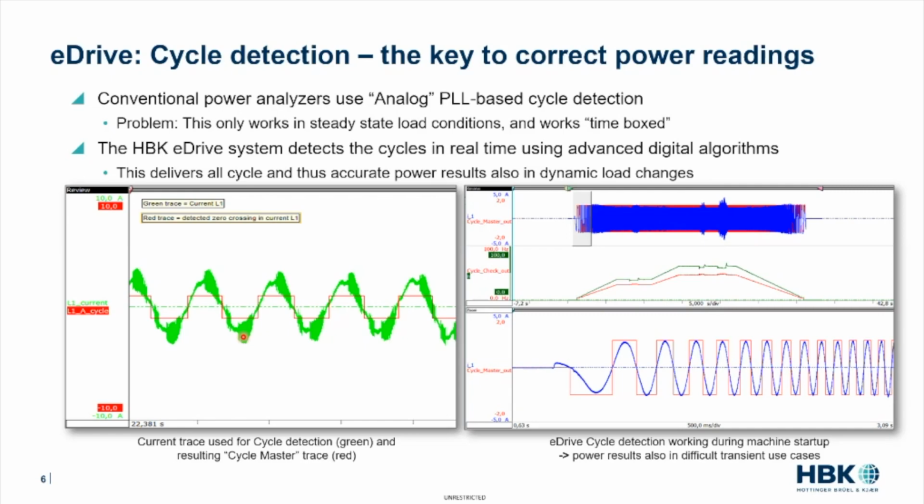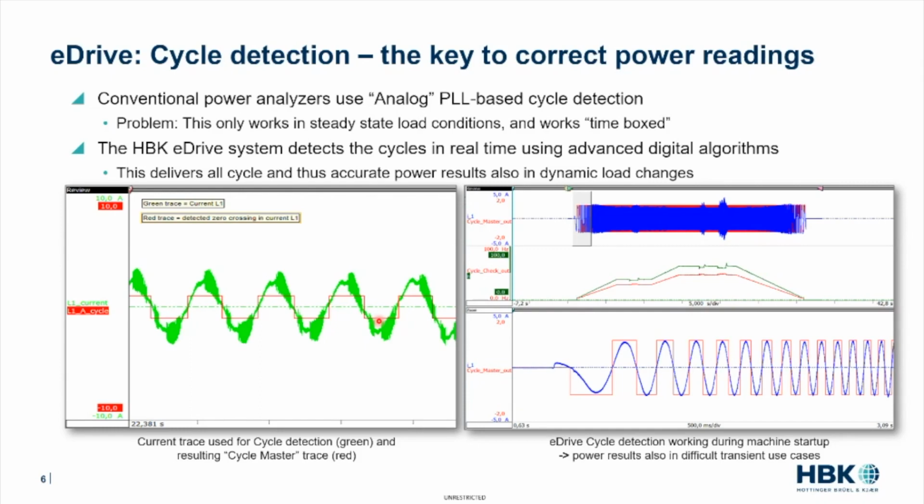And the red trace is actually the output of this algorithm we are using, which detects the cycle of this current in real time. Now, that's a nice statement, but what is the practical use of that, and how do we prove it's really working?